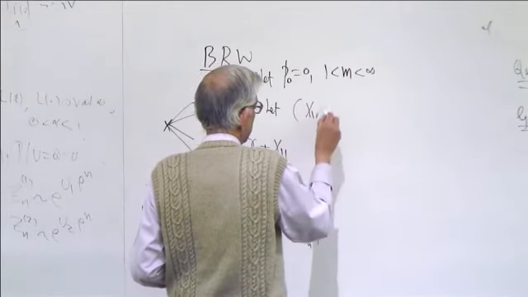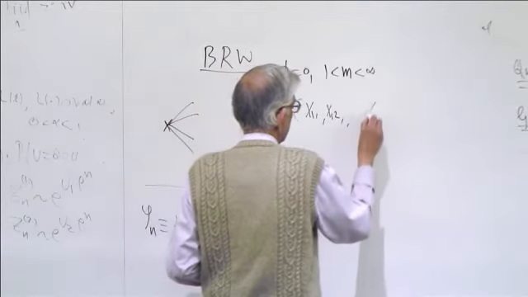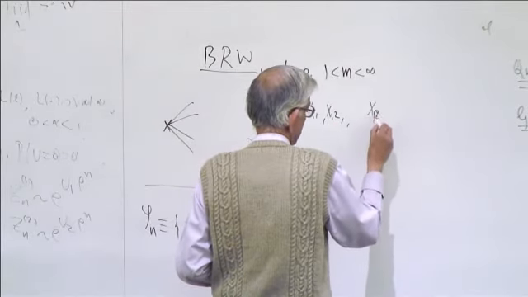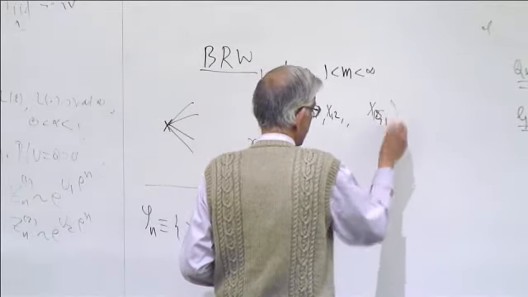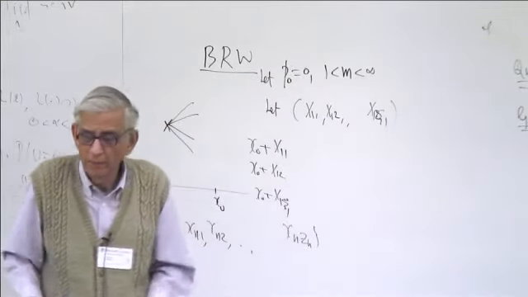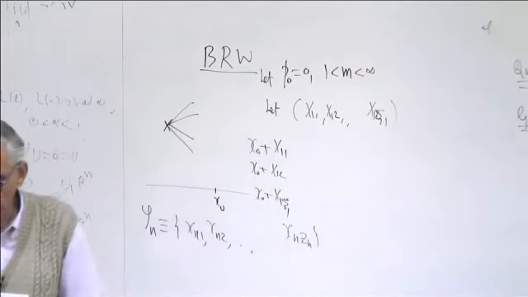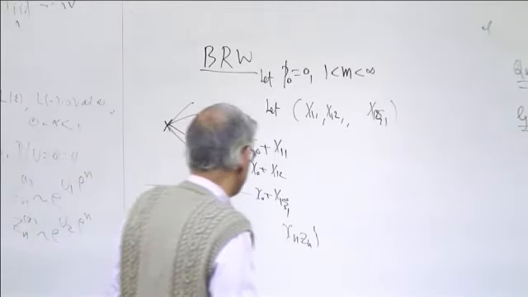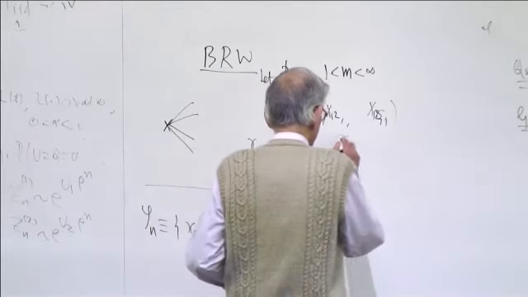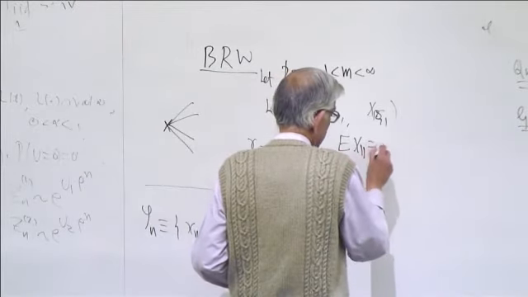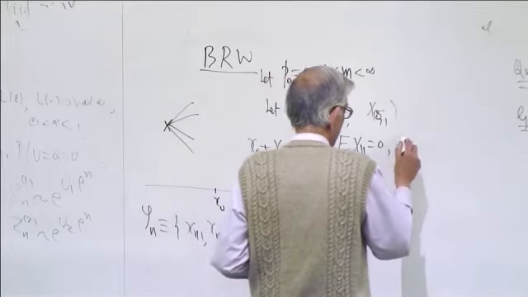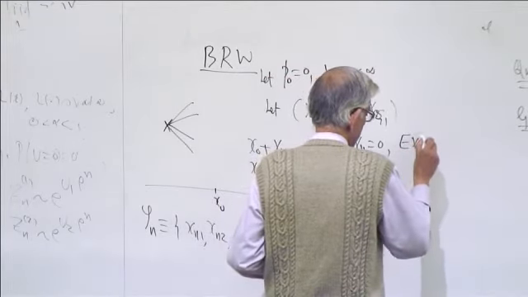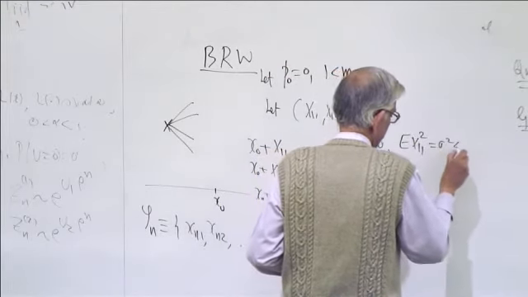Let the random vector x11, x12, up to x1,c1 be such that they are all identically distributed with mean 0, otherwise you would have to subtract the mean, and with finite variance: the expectation of x11 squared equals sigma squared, which is finite.